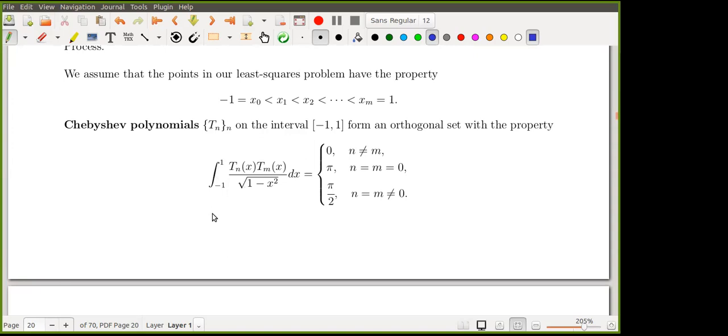So if we define this to be our dot product of Tn with Tm, we can see that when the two are different, we still have 0. When m is equal to n and equal to 0, it is pi. But when they are non-zero, it's pi by 2, which is still different from 1. So it will be orthogonal, but not normal.